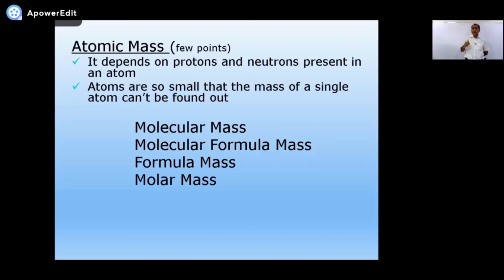It's not practically possible to put a single atom in one pan and the weights in the other. Moreover, the weights would be of such high value compared to that tiny single electron. Practically, it's not possible.